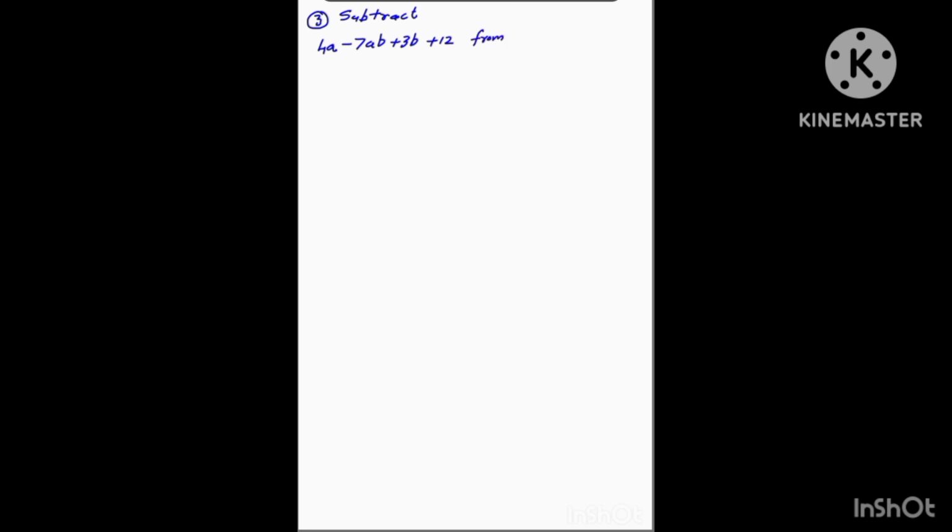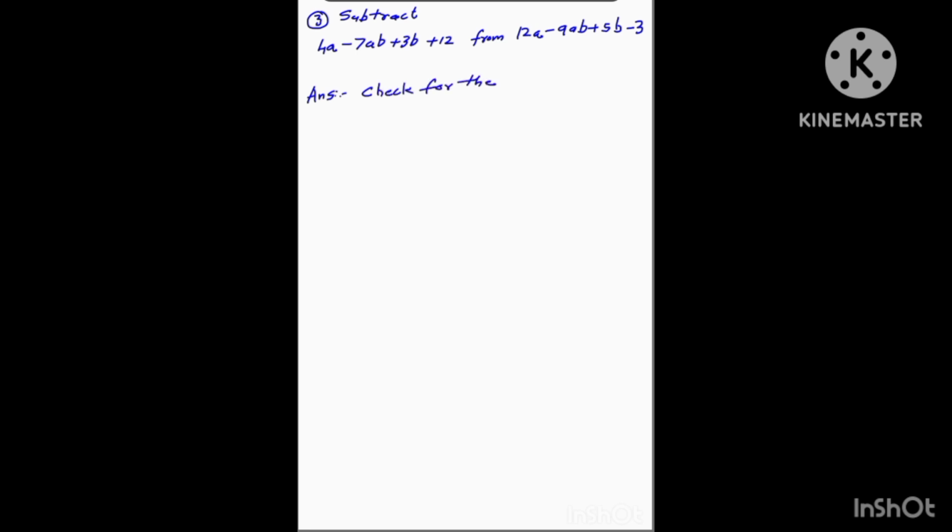Okay, so we will directly read the polynomials: 4a minus 7ab plus 3b plus 12, and we have to subtract this polynomial from 12a minus 9ab plus 5b minus 3. Now we will check for the different terms.